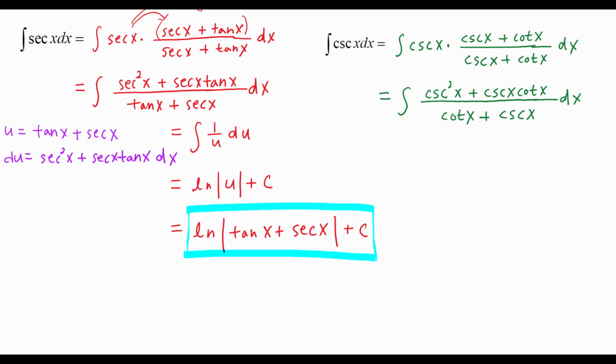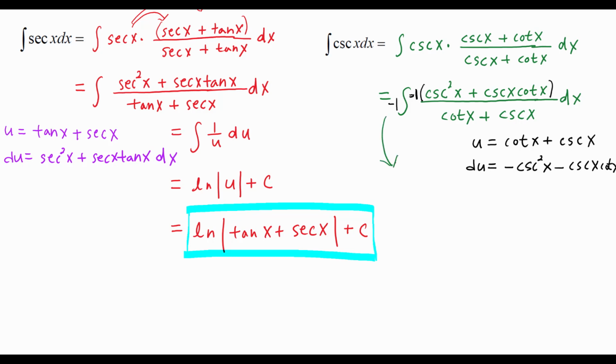Okay, so I'm going to call my u the denominator, which is cotangent x plus cosecant x. So then my du is equal to, what's the derivative of cotangent x? That's negative cosecant square x. And what is the derivative of cosecant x? That's negative cosecant x cotangent x. So then all I have to do is multiply my numerator by negative 1, and then multiply outside by negative 1 as well.